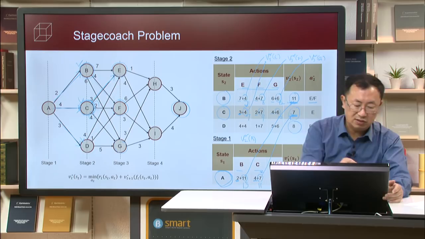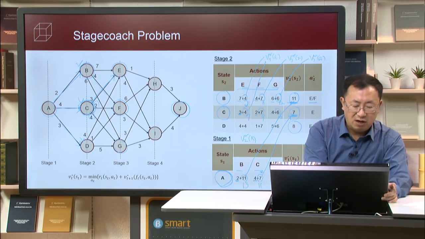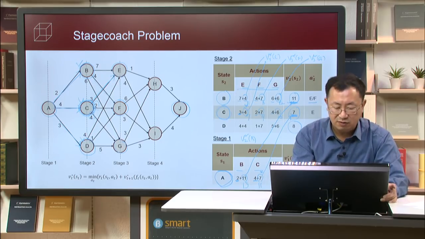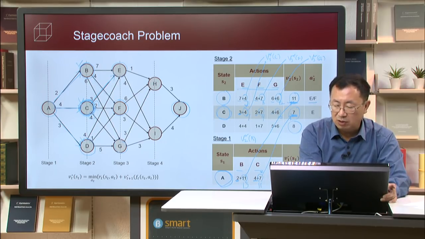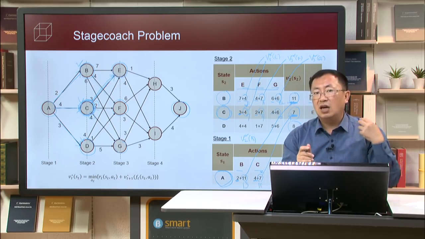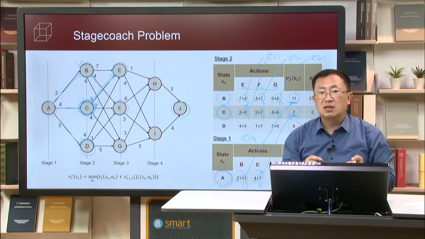Initially you start the journey from A to C or A to D, and at C, the next node will be E, right? So by these tables, you can find the optimal solutions as well.